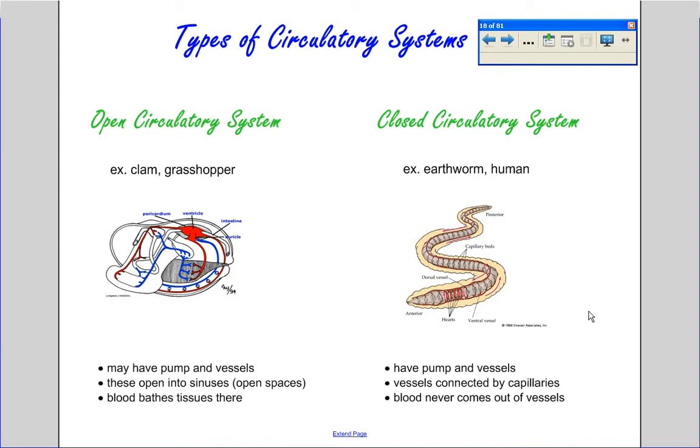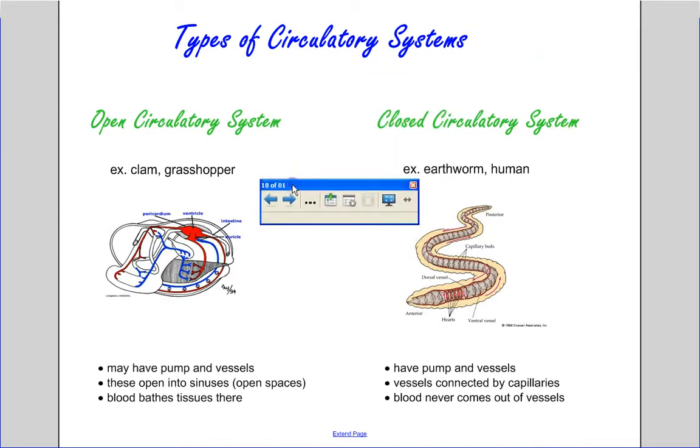They're always traveling within vessels or within the pump itself. Yes, materials can go in and out at the capillary level, but the red blood cells and other things that make it blood are still traveling through the vessels. They don't leave the capillaries.